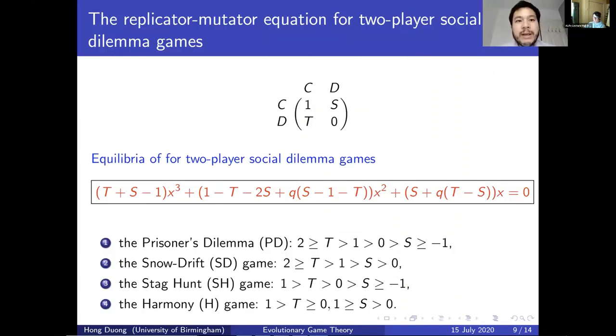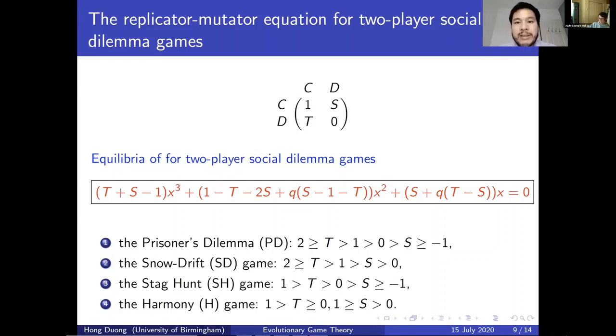Now we consider the replicator-mutator equation, that is when there is mutation. We consider the simple case when there are only two players and two strategies. We call strategy C for cooperation and D for defection.